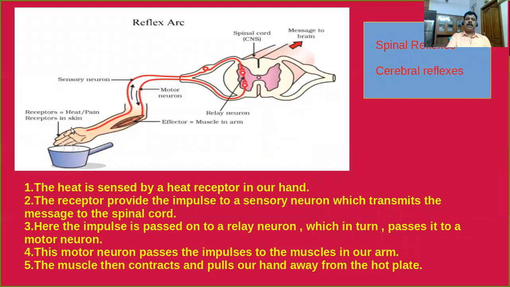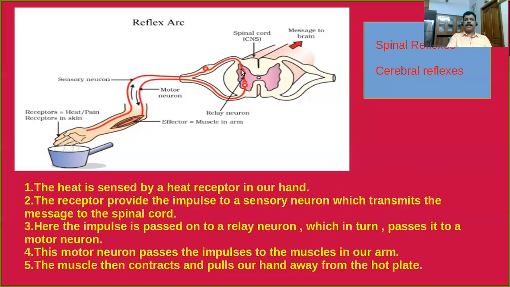You are very familiar, our hand has so many receptors. So the receptors first of all sense the heat from the hot plate. The receptor provides the impulse to a sensory neuron. That's very important. Look, this is the sensory neuron. Dear students, the sensory neuron carries the impulses up to the spinal cord.